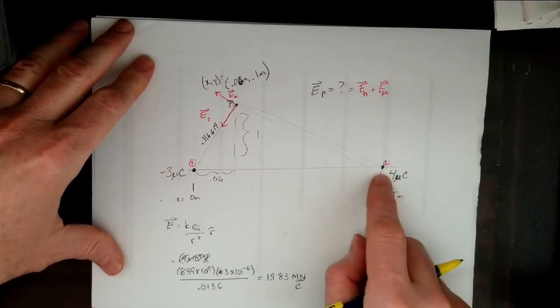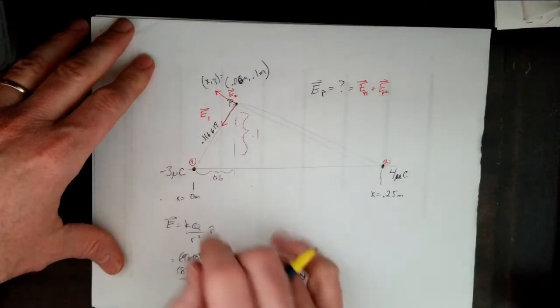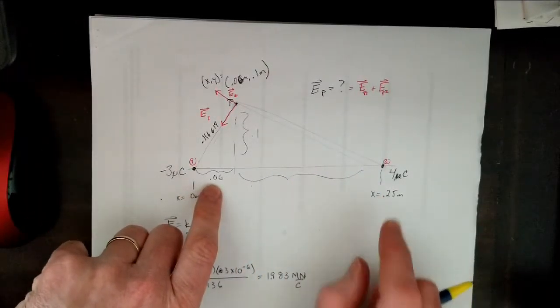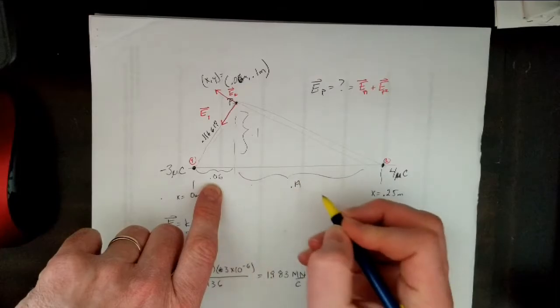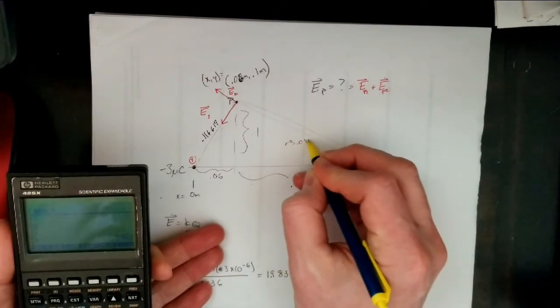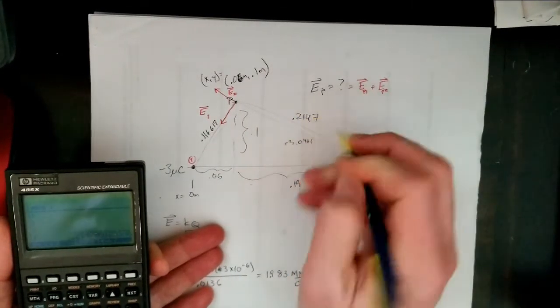And then from here, the magnitude, well, it's much farther away. So this distance right here is 0.25 minus 0.06 or 0.19 meters. So r squared is 0.0461, but the actual distance is 0.2147. It's farther away.